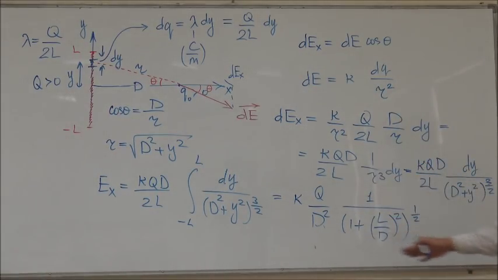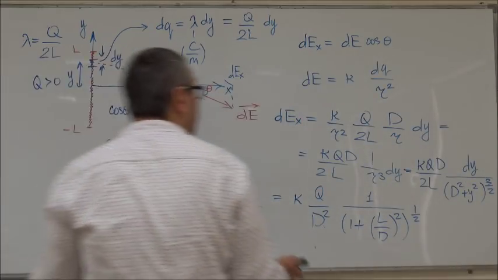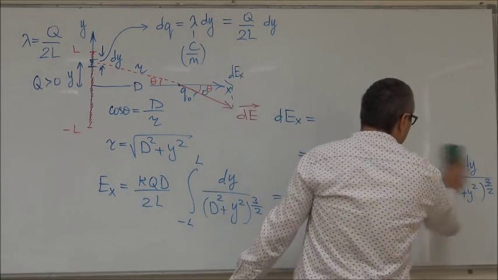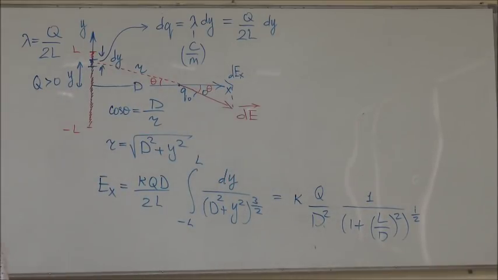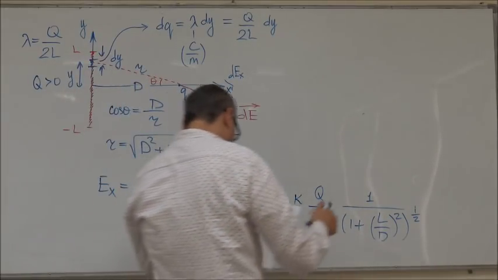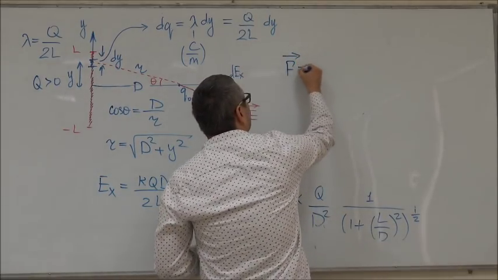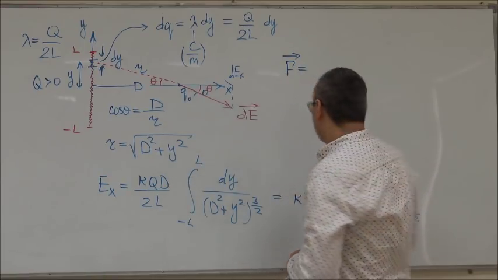So once we found the electric field, we can calculate the force, and we can write down the final expression for the force. So the electric force experienced by that charge would be electric field times that charge.